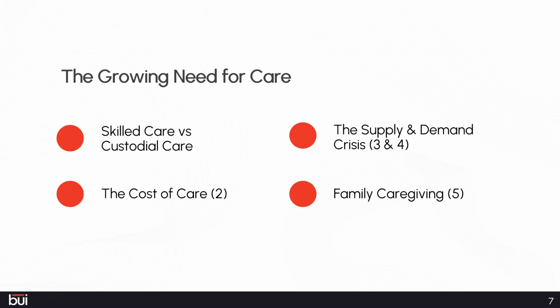And then we go into the cost of care, which is quite significant anywhere you go in the country. Yes, in the coastal areas it's higher, but the median cost for a private room in a nursing home today in America is $108,000 a year in today's dollars. And that's for a median facility.